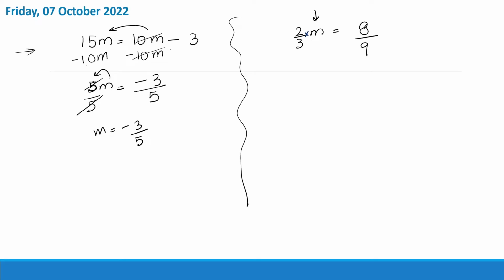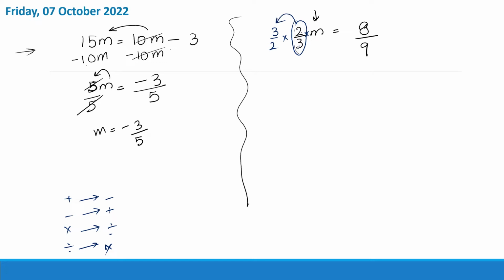So I want to get rid of this 2 by 3. Now remember, plus changes into minus, minus changes into plus, multiply changes into divide, and divide changes into multiply to solve the equations. I don't want to divide by 3, so 3 dividing, we multiply. 2 multiplying, we divide. Whenever you have a fraction, you take the reciprocal.